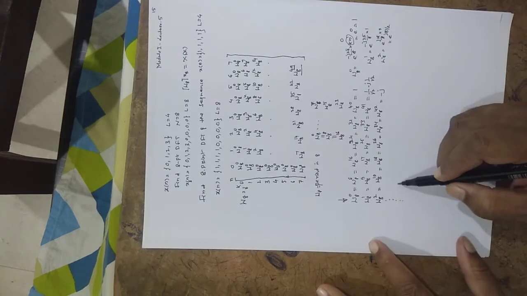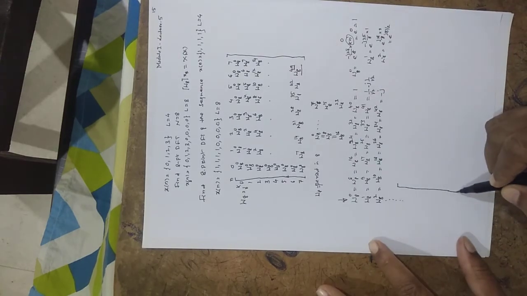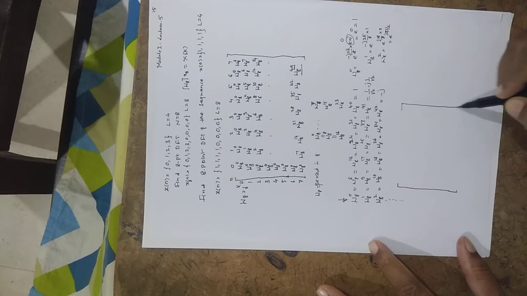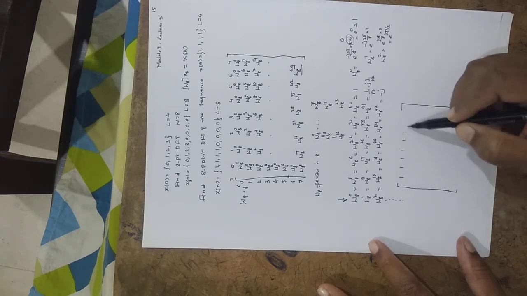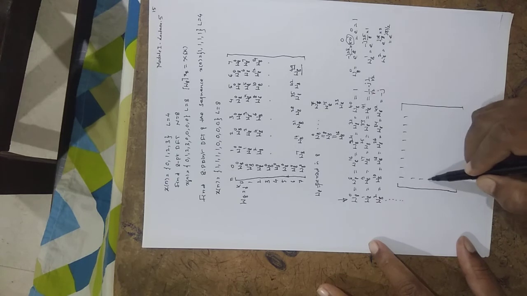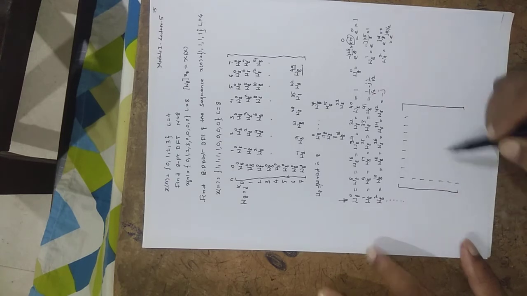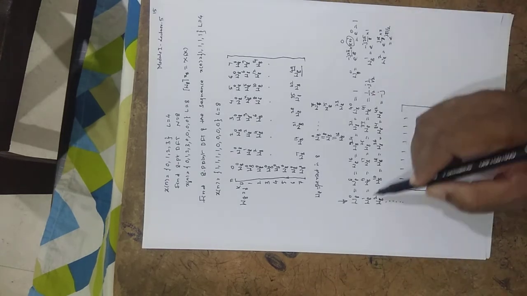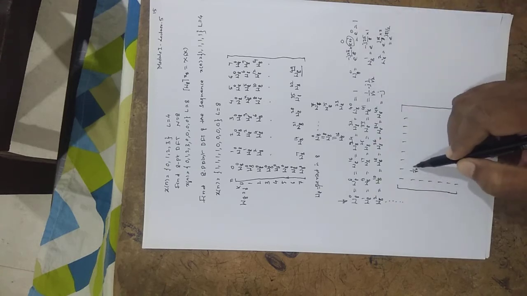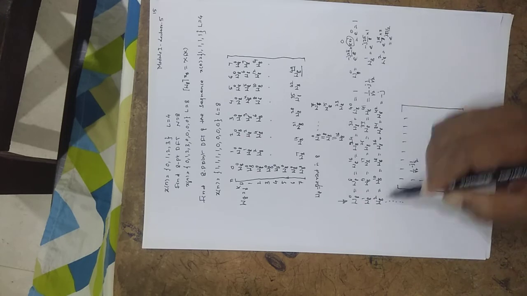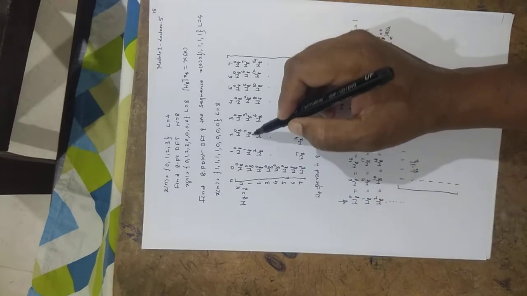As a result, this matrix becomes: first row is all 1, first column is all 1, then W8 raised to 1, you have calculated 1 by root 2 minus j 1 by root 2. W8 raised to 2, here it is.